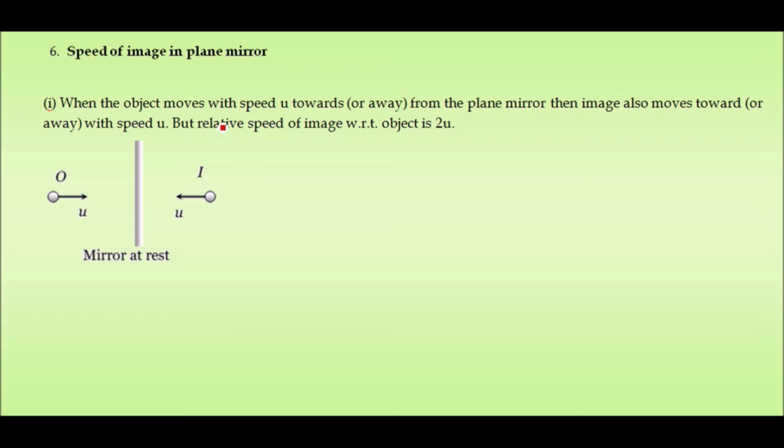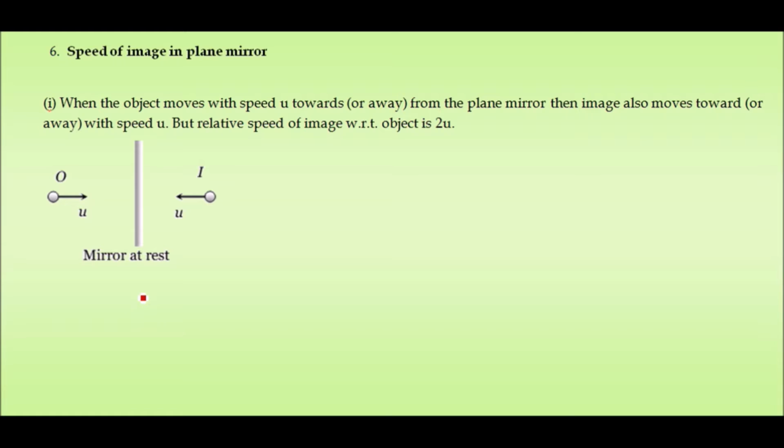When an object moves with speed u towards or away from a plane mirror, the image also moves towards or away with speed u. Again, the relative speed of image with respect to object is 2u.